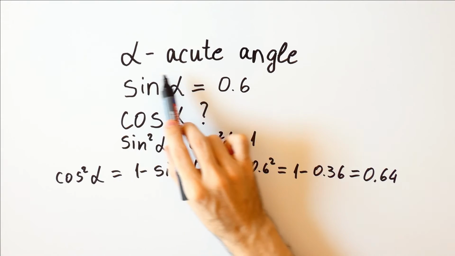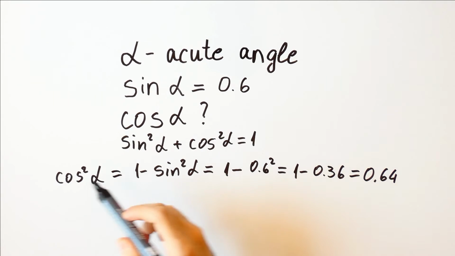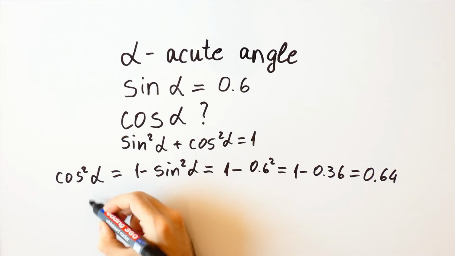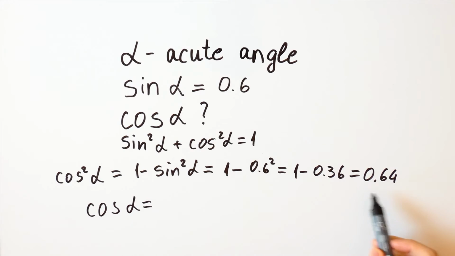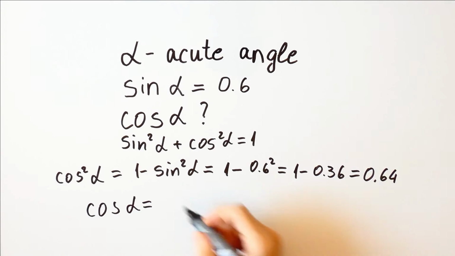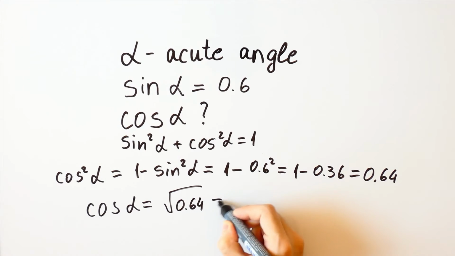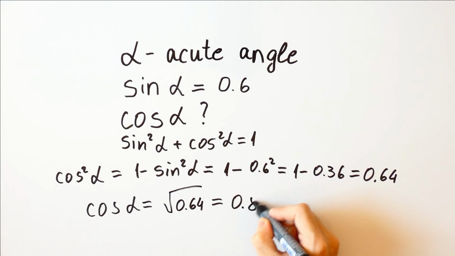And since alpha is an acute angle, then the cosine of alpha is positive, which means that the cosine of alpha is equal to the square root of 0.64, and that is equal to 0.8.